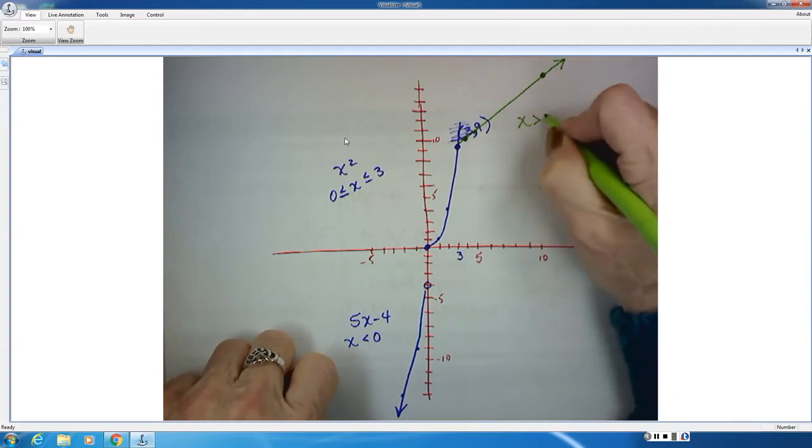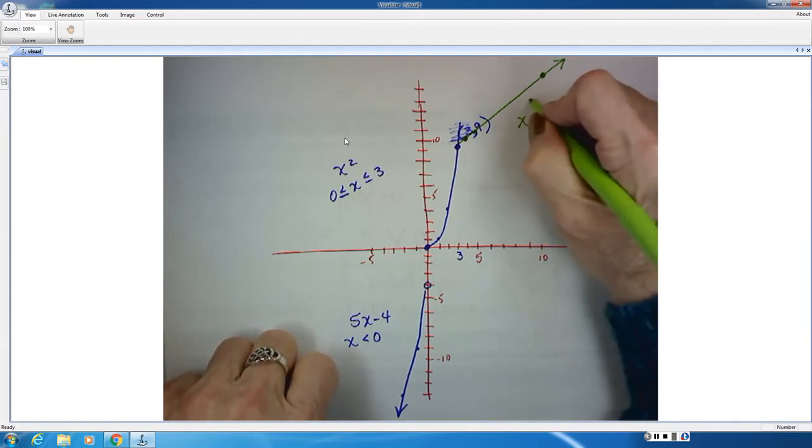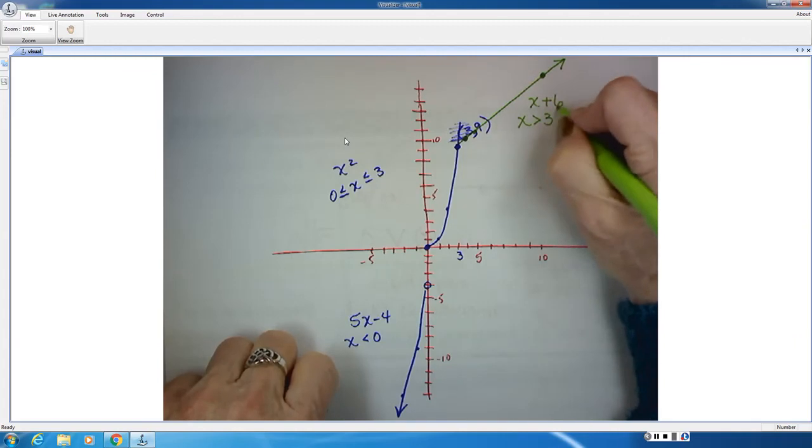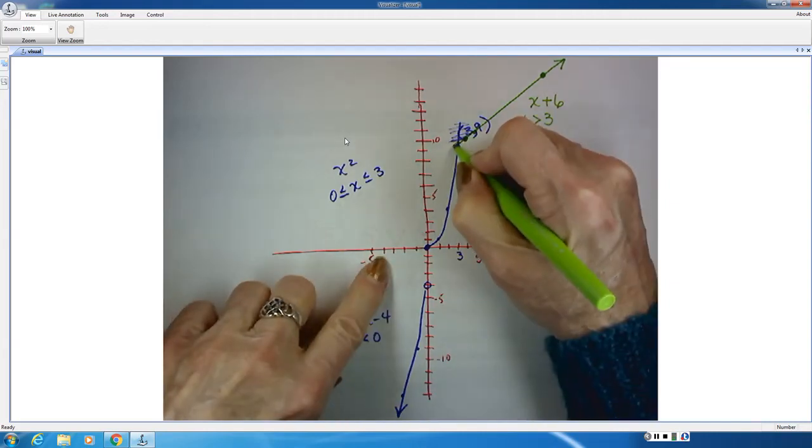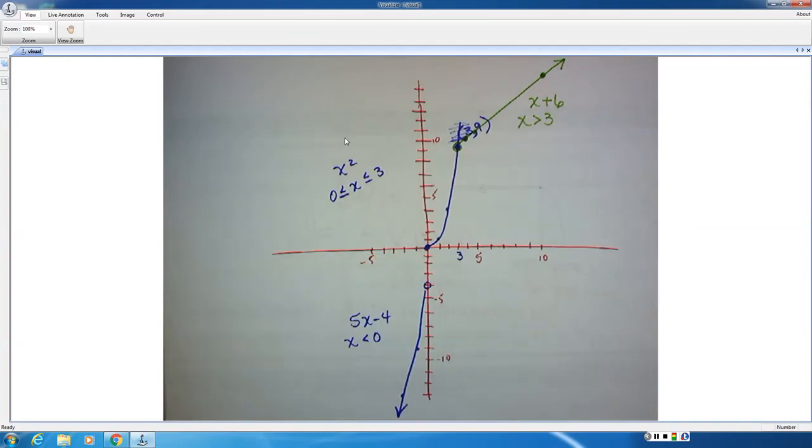Wait, no, 6 plus 6 is 12. Okay? Now, even though that green part of the function does not include 3 in its domain, if it did, 3 plus 6 is 9. So it comes all the way up to 3, as close as it can get. And it gets really, really close to 9.